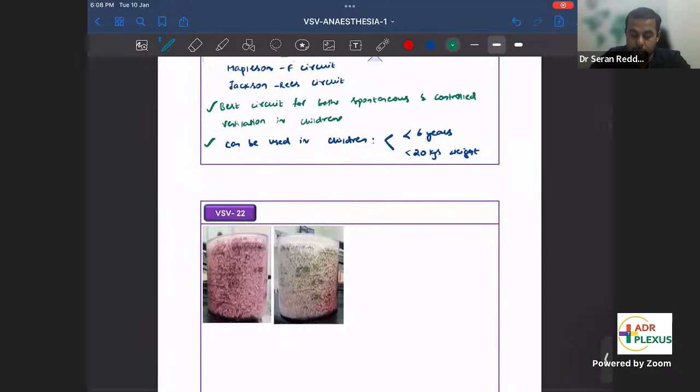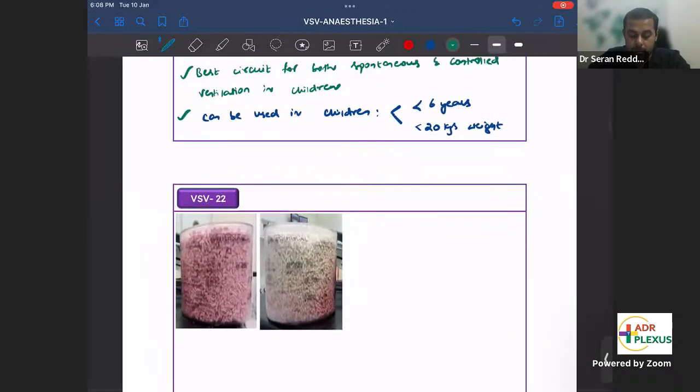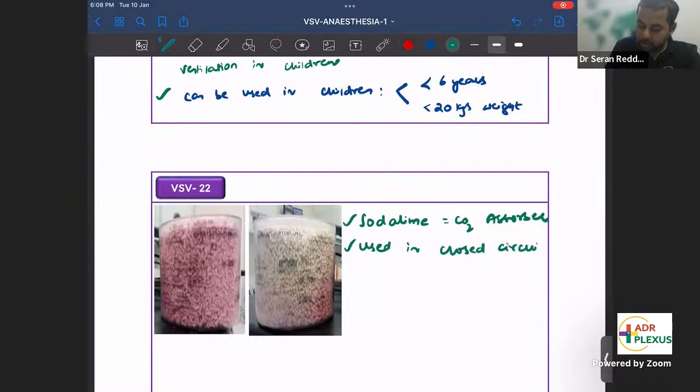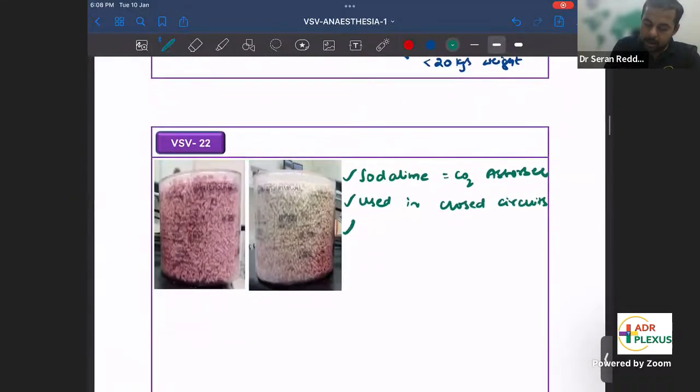Then, another important thing is soda lime, which is a CO2 absorber used in closed circuits. What are its major components?